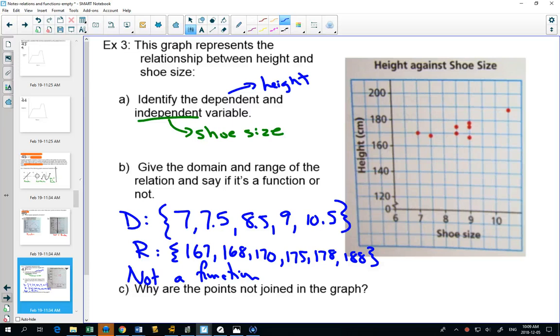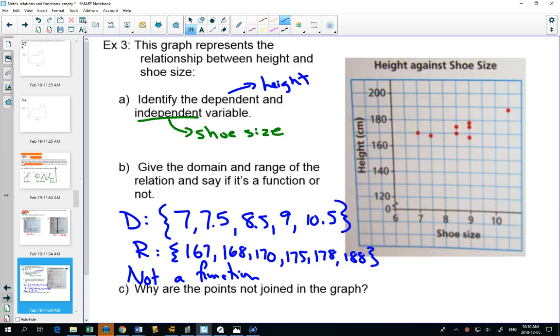It's not like all of a sudden your toes just start shaking and they go blip and they jump forward a centimeter. That would be weird if people grew that way, right? It grows continuously. So if you were measuring the actual size of a person's foot, it would make sense to draw the line. But shoe sizes do go up in blips. You don't have that 7 3/8 size in between.